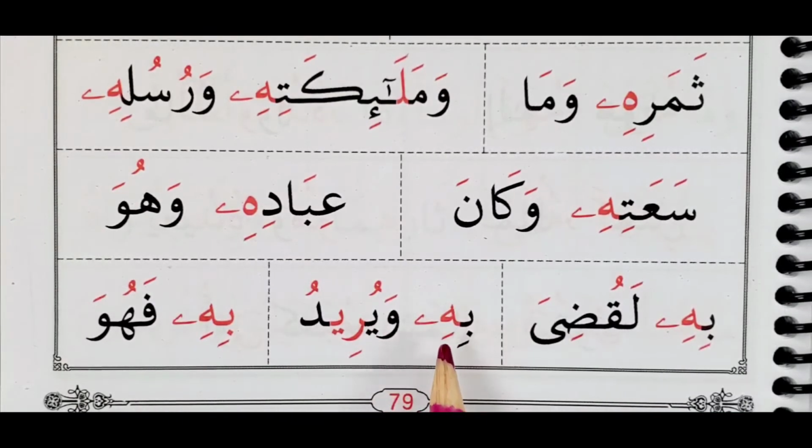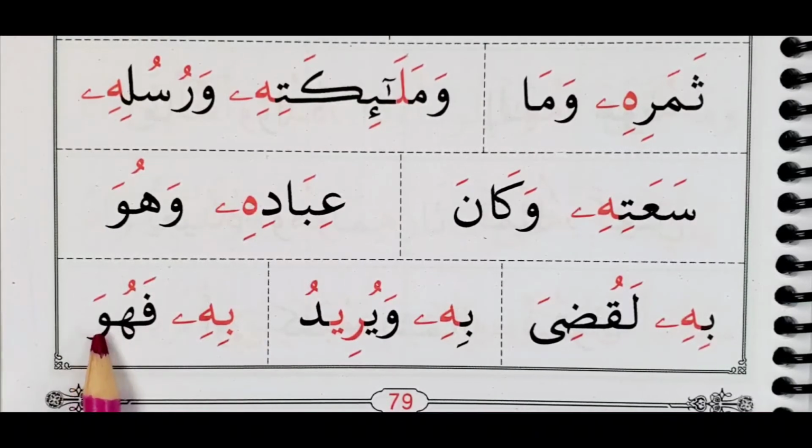Do not say bihiwa, that's wrong. Bihi wa yuridu. Then we have bihi fahuwa, bihi fahuwa.